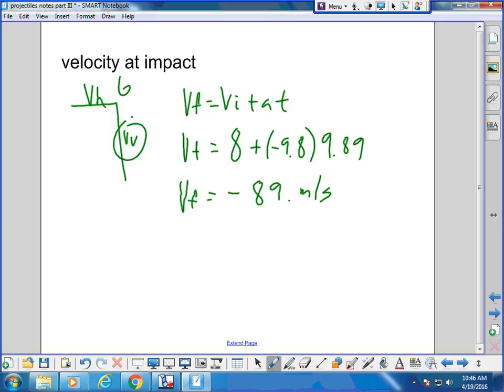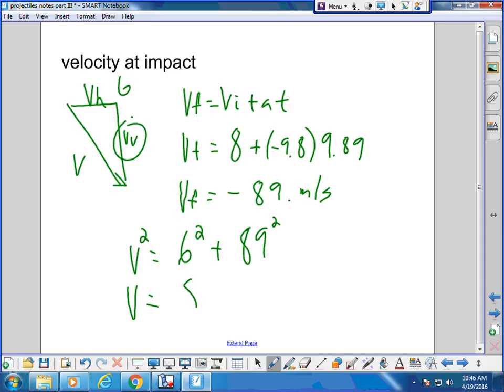So now, V squared is going to be 6 squared plus 89 squared. I think you're going to get, for all intents and purposes, 89. Any decimal at all, Josh?